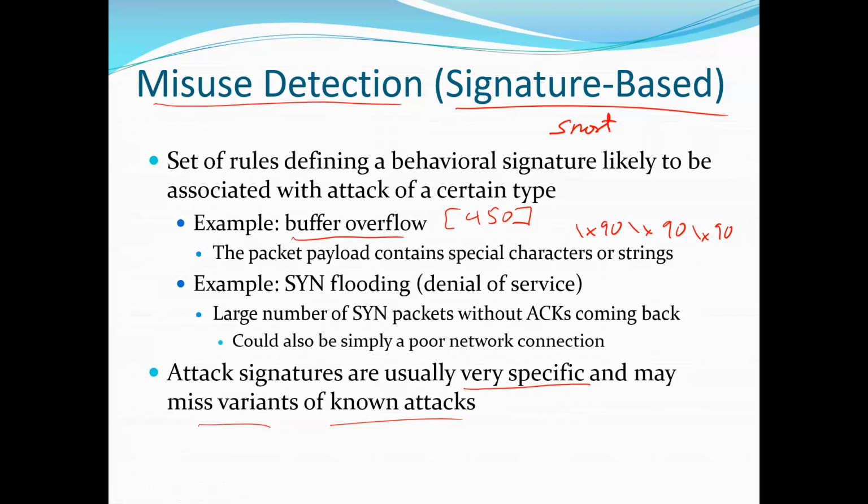If they already know your packet, just modify it a little bit with a few other fields, maybe not so many no-ops in the NOP sled. That'll change it if it's an exact match type of algorithm. And so attack signatures are usually very specific, but may miss variants of the known attack. They might miss it a little bit.